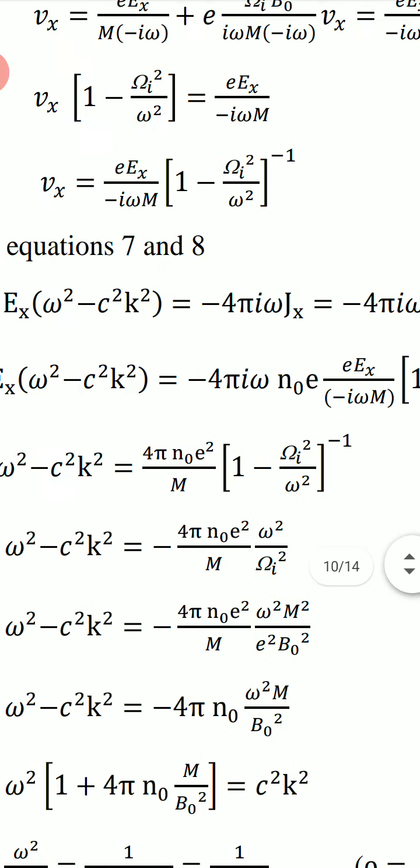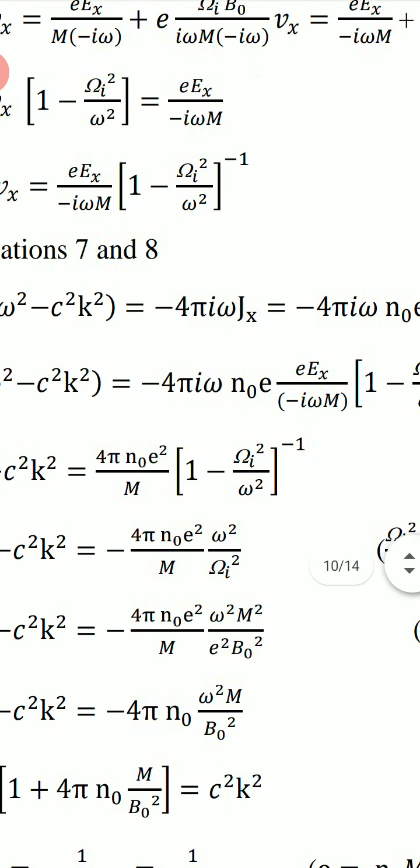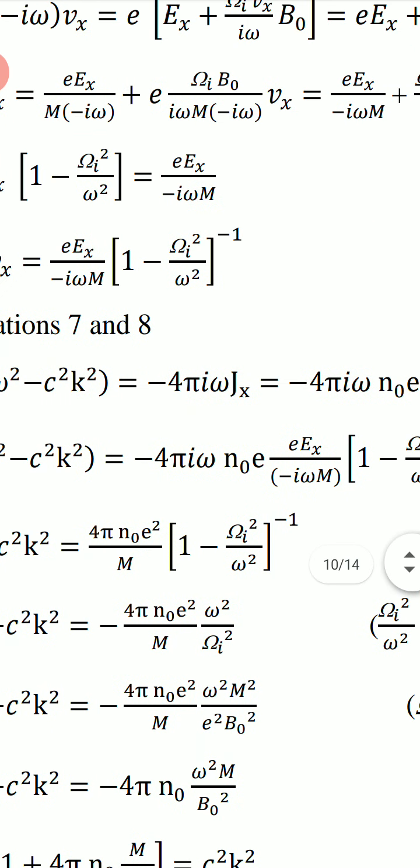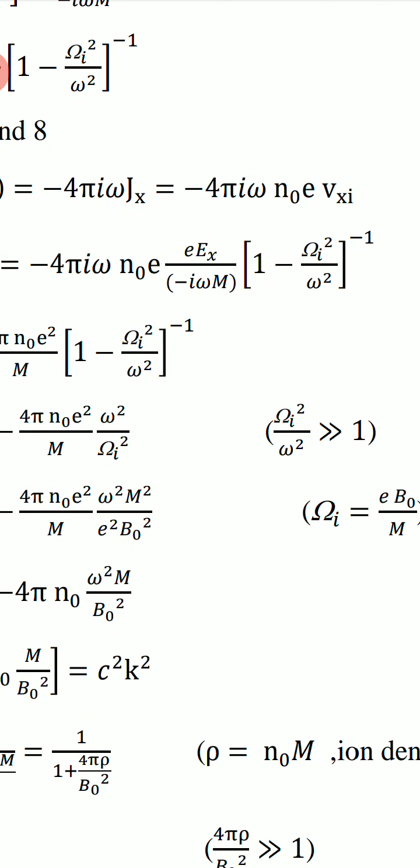So for Vxi, we write this value of Vx, that is Ex upon minus i omega M into 1 minus omega_i square upon omega square to the power minus 1. So the right hand side now becomes minus 4 pi i omega n0 e, and this is the value of Vxi.